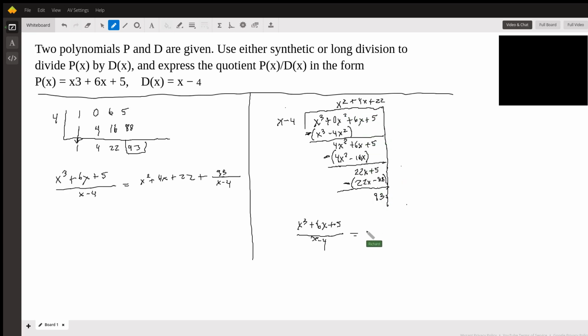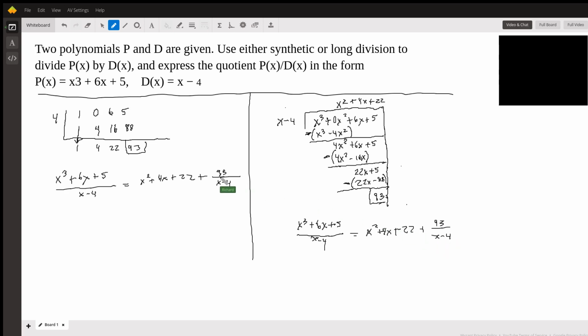It's going to be x squared plus 4x plus 22. And then the remainder, you can see I like to put a box around the remainder. I just like to do that. And then it's going to be plus 93 over x minus 4.